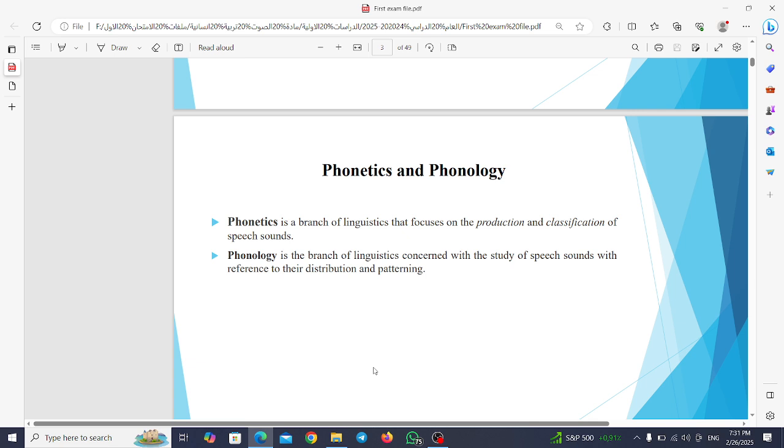Whereas phonology is also a branch of linguistics, but it is mainly concerned with the distribution and patterning of speech sounds. You have to know these definitions and understand the difference between them.